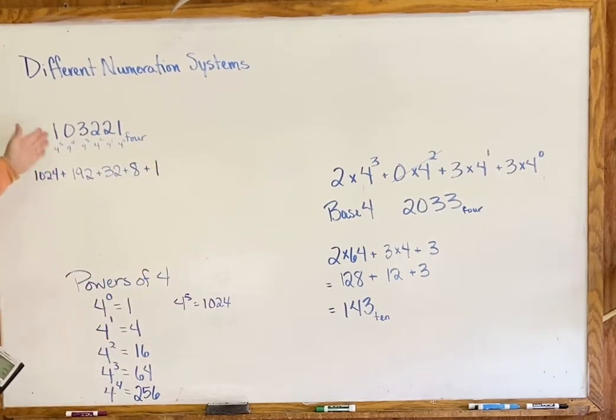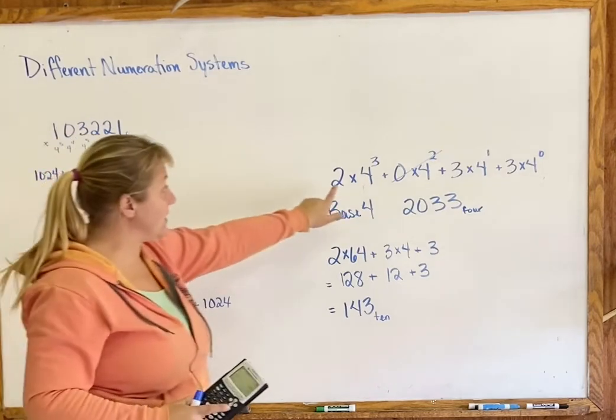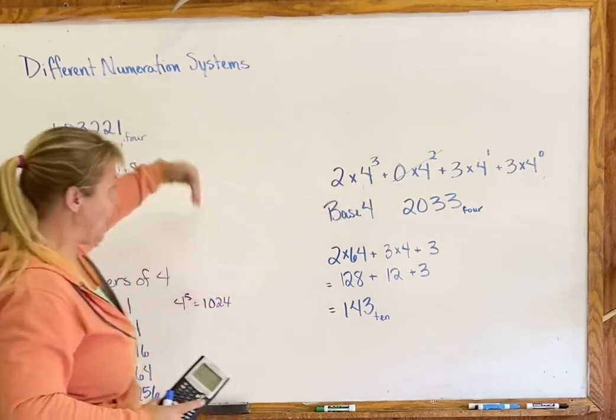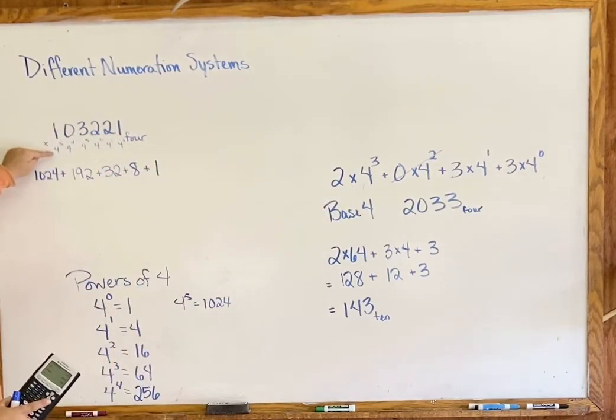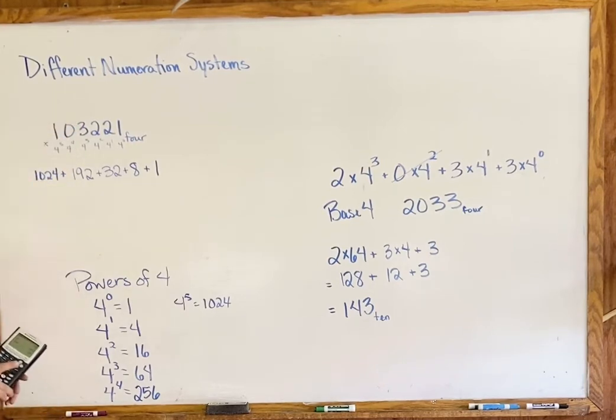So again, basically what I'm doing is skipping the step of writing it like that. I'm writing it vertical. So 1 times 4 to the 5th, 0 times 4 to the 4th, 3 times 4 to the 3rd, and it just saves you a step. So let's see, we go 1024 plus 192 plus 32 plus 8 plus 1.